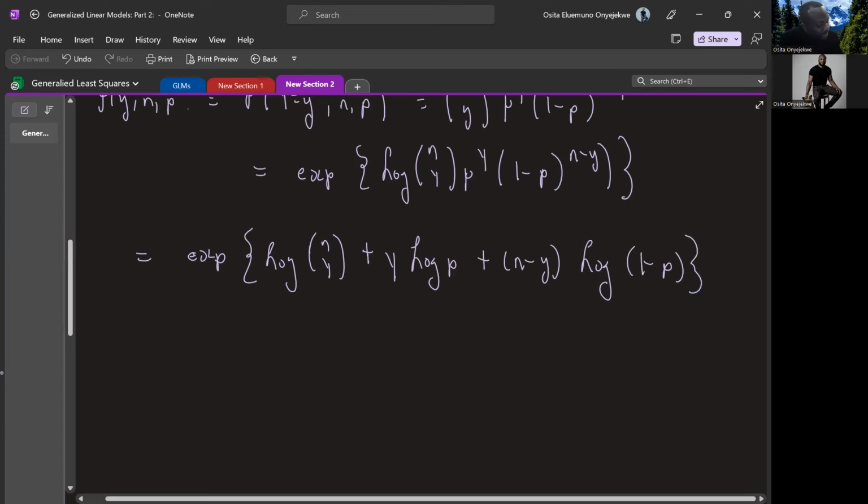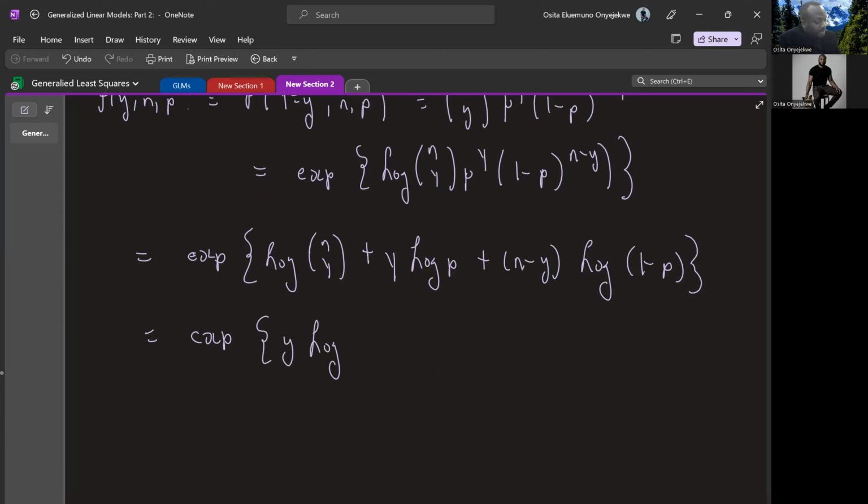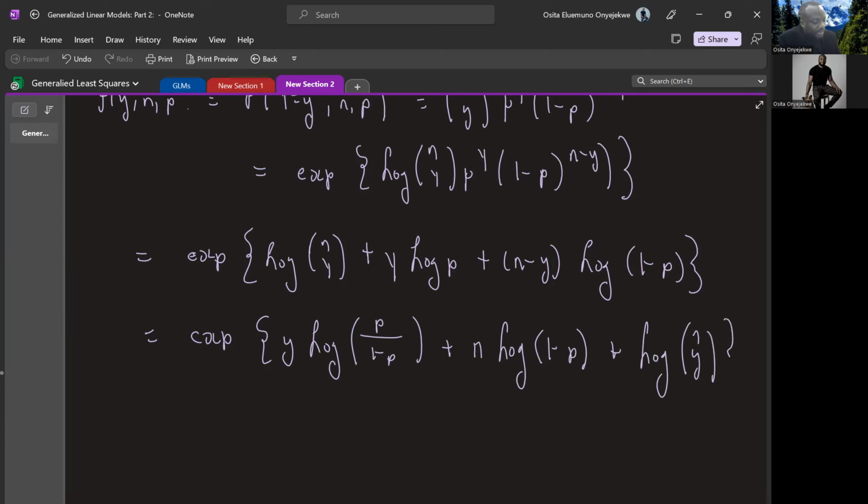And this is going to equal the exponential of y log p over 1 minus p plus n log 1 minus p plus the log of n choose y.